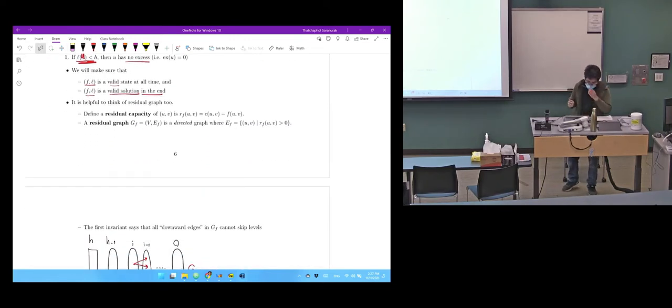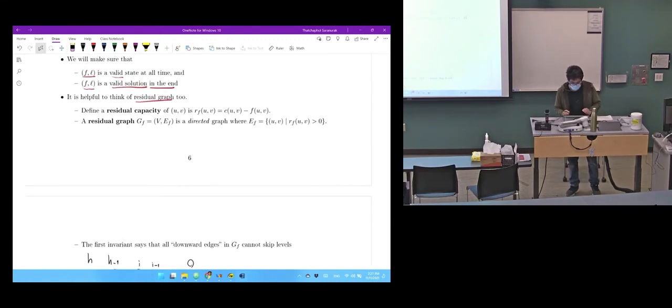And by the way, it's going to be helpful to think of the residual graph too. The residual graph is defined as follows. For any edge UV, the residual capacity is defined to be the capacity minus the flow on this edge.